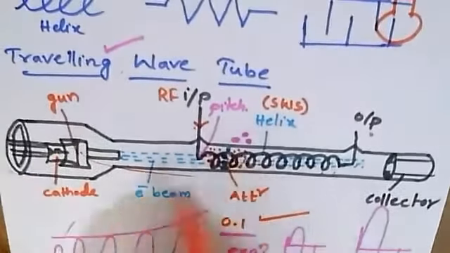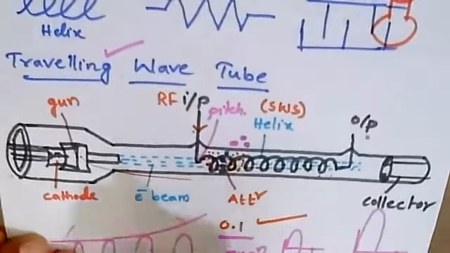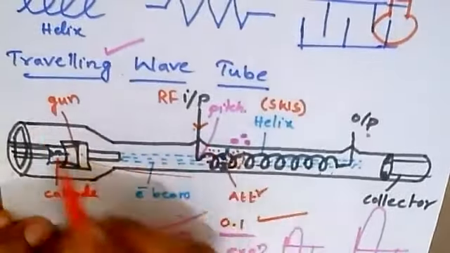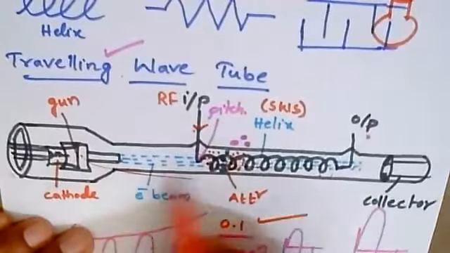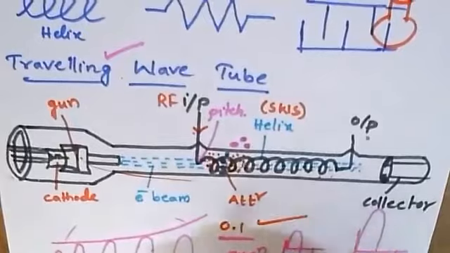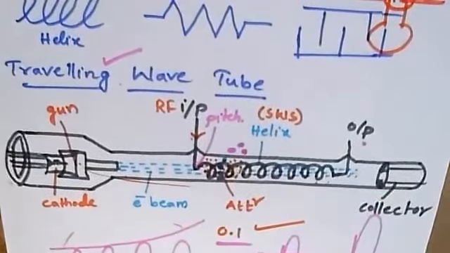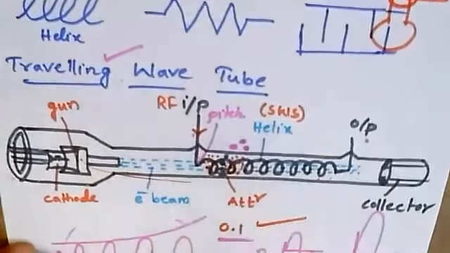Already we have discussed the construction and working operation of this traveling wave tube. Now let me take a few differences between the characteristics of the traveling wave tube and the two cavity klystron amplifiers which we have worked out.